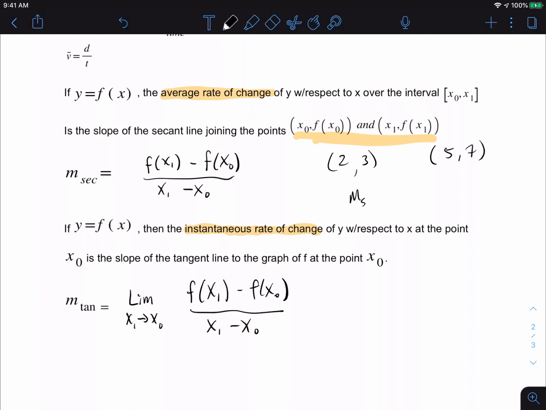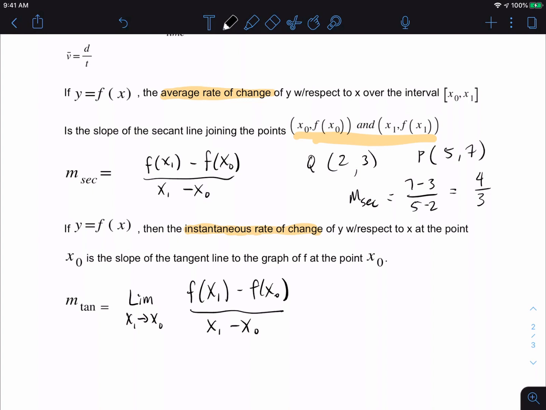Let's call this P and this Q. I would go 7 minus 3 over 5 minus 2, which gives me 4 over 3. That would be the secant slope, the average rate of change from P going to Q, or from Q going to P.